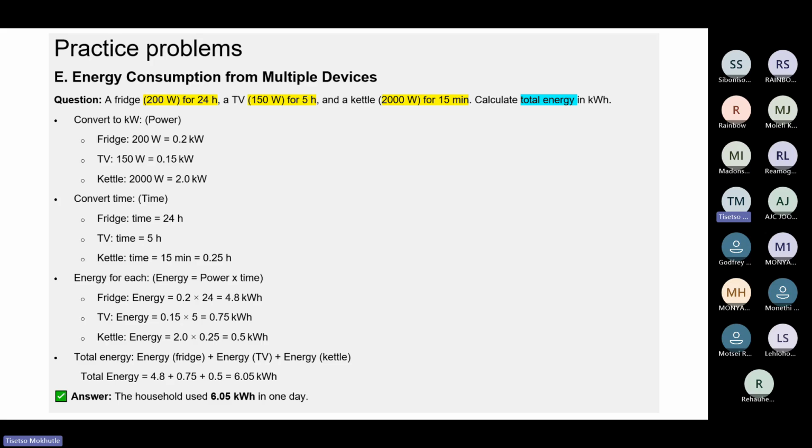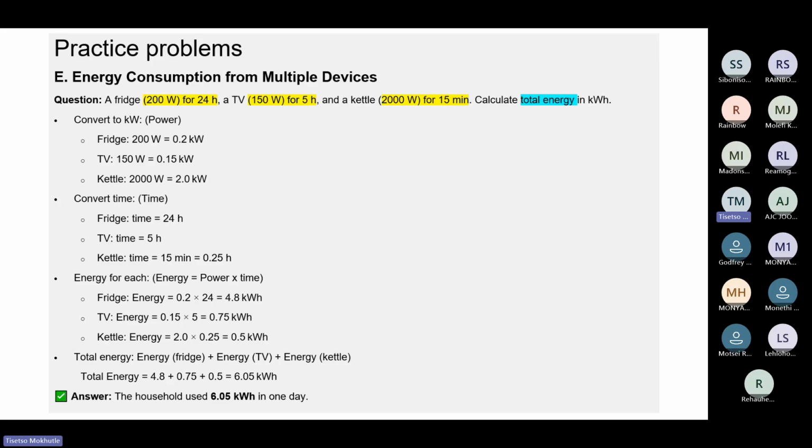It's in hours. The time for the TV is also 5 hours, but for the kettle it's 15 minutes. So you must say 15 minutes divided by 60 to give us hours. So it's 0.25 hours. Then we must calculate for each.